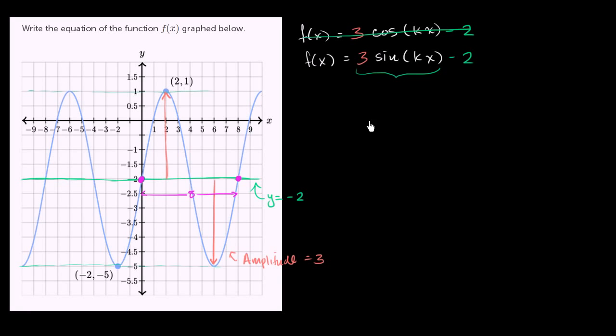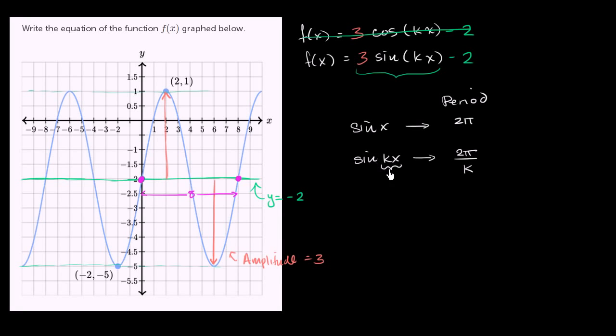Well, let's remind ourselves what the period of sine of x is. The period of sine of x is 2 pi. You increase your angle by 2 pi radians or decrease it, you're back at the same point on the unit circle. So what would be the period of sine of kx? Well, now your input is increasing k times faster, so you're going to get to the same point k times faster. So now your period is going to be 2 pi over k.